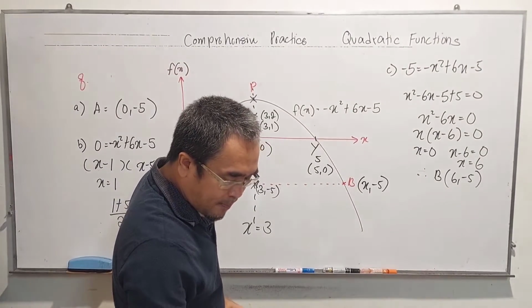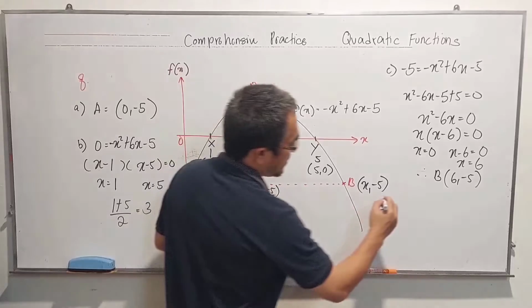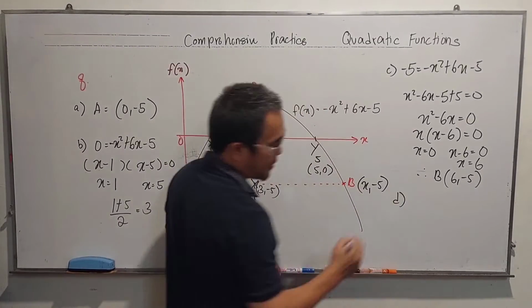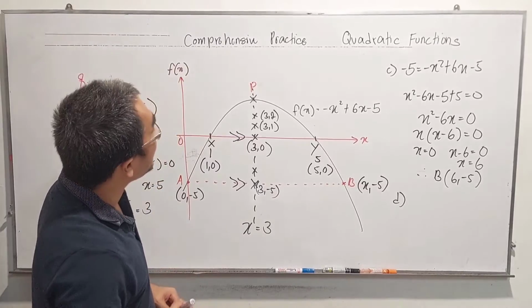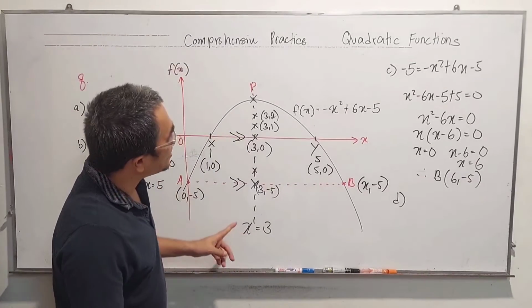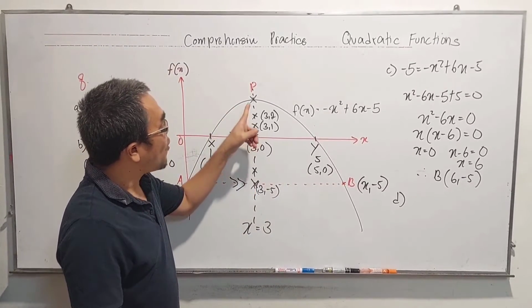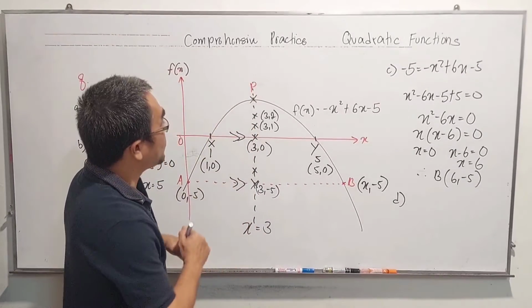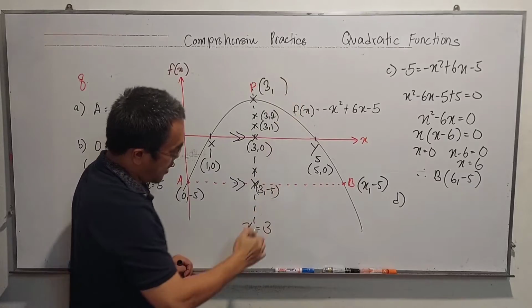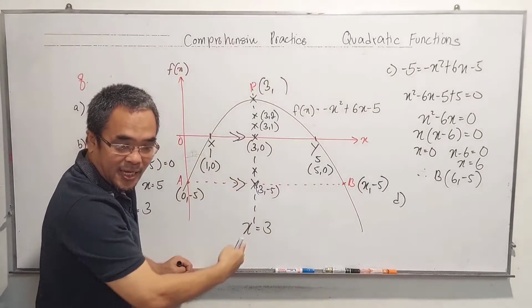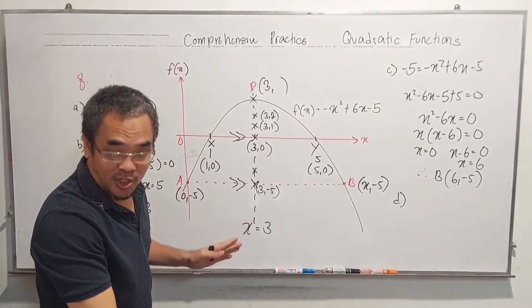And the last one, the maximum point. The coordinate of the maximum point P, in this case, since we already know the x for the coordinate, the x is also 3, because along the axis of symmetry, the value of x does not change.